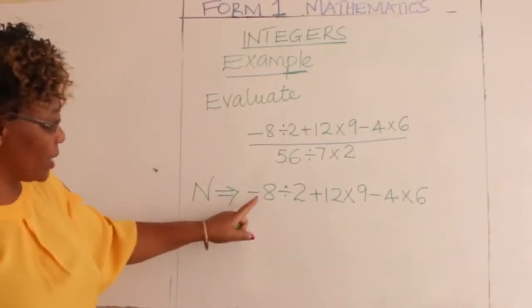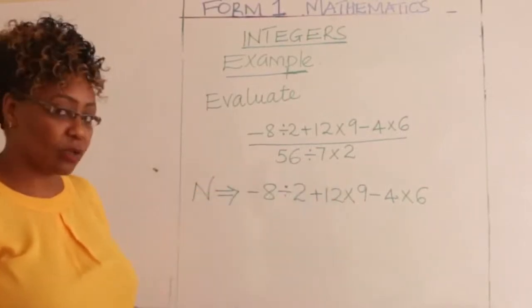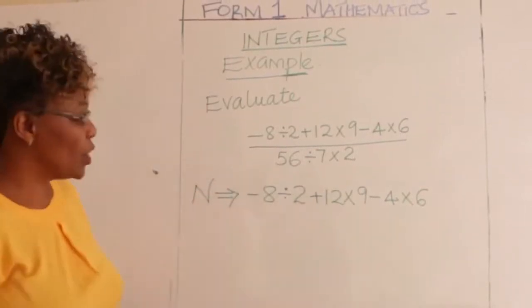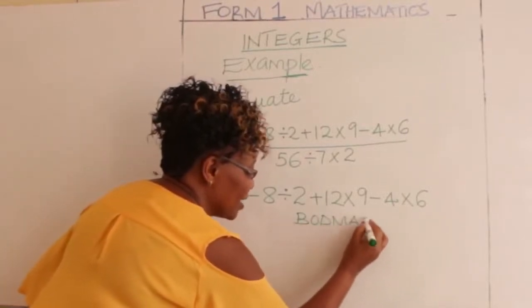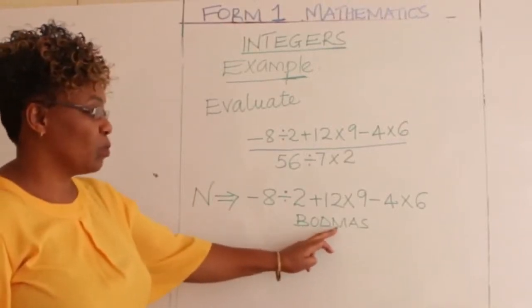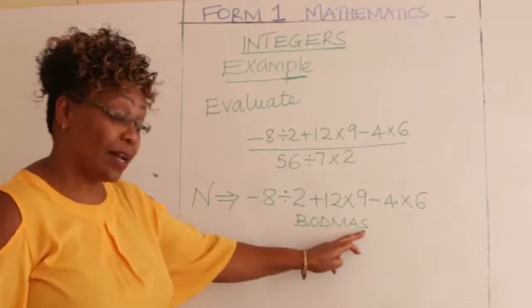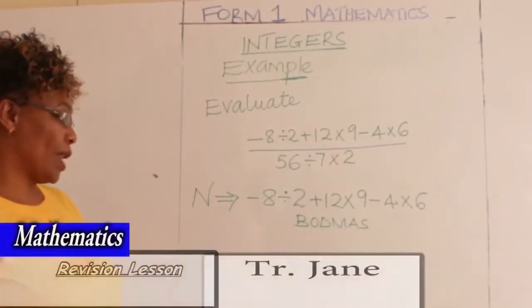You can see we have minus, we have division, we have addition, we have multiplication, and so on and so forth. So here we use BODMAS: Brackets, Of, Division, Multiplication, Addition and Subtraction. I know you are aware of that all the way from primary school.